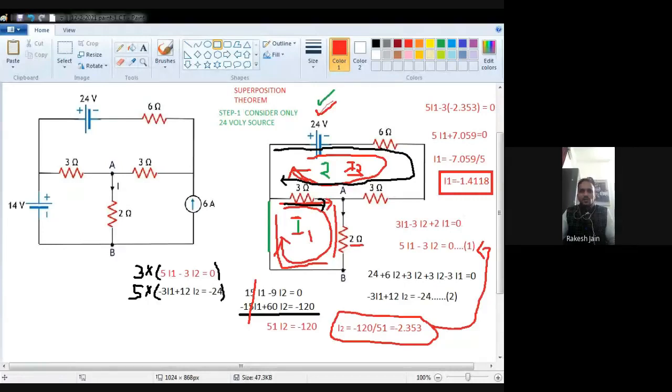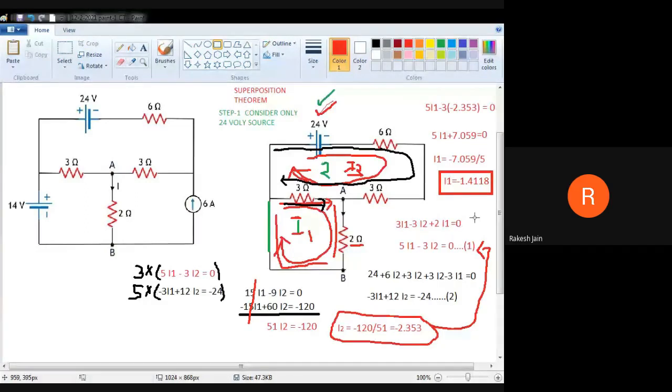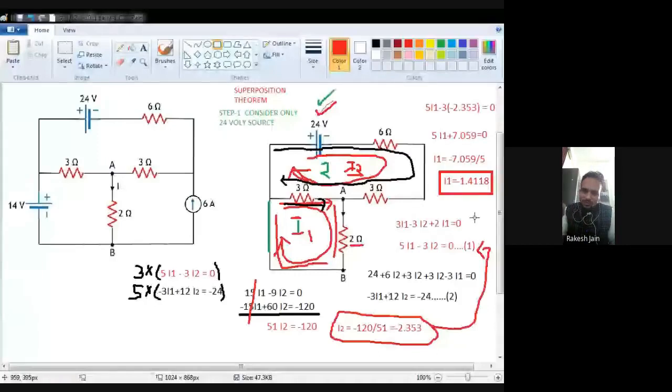Then plus 12 multiplied by 5, that is 60I2. And that is equal to minus 24 multiplied by 5, that is minus 120.